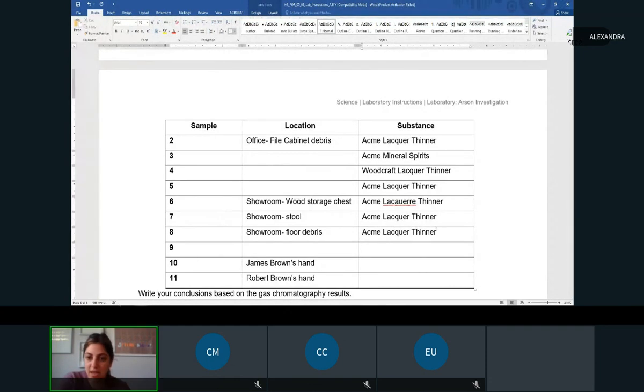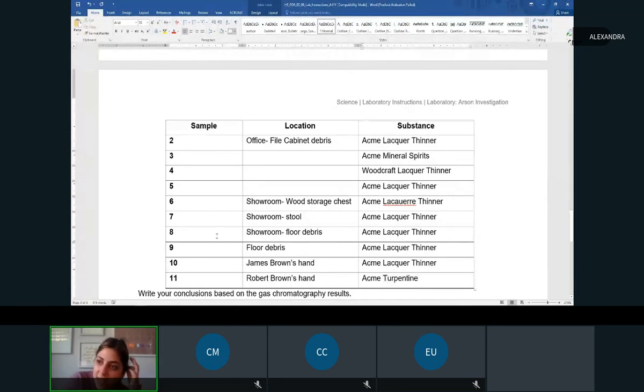Okay, and nine is the floor debris. Both of these had the Acme Lacquer Thinner. And Robert had the Acme.